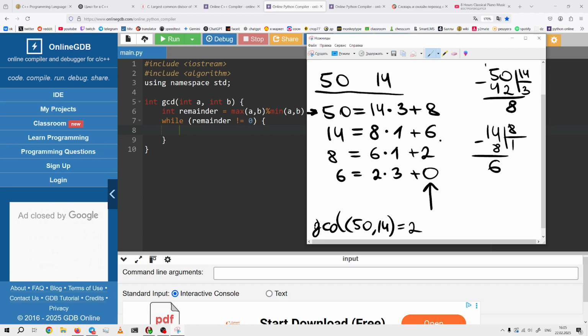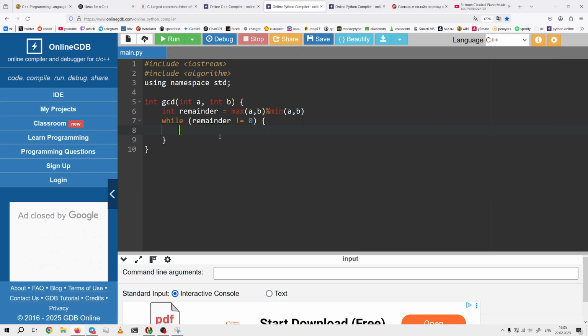It consists of 14 and 8. And what is 14? 14 is the minimum of two values. So let me write: b is equal to the minimum of two values and a is equal to the remainder.